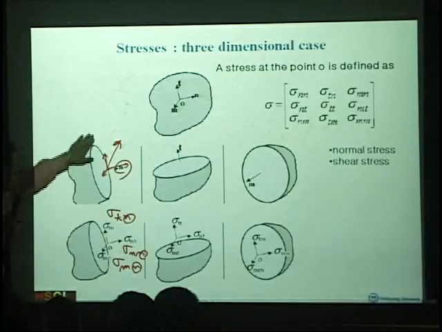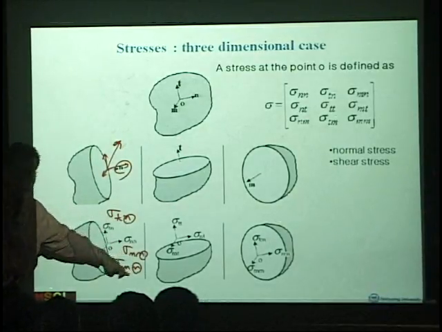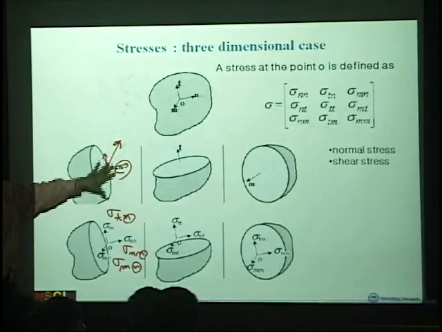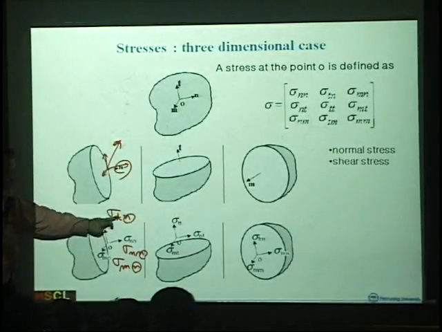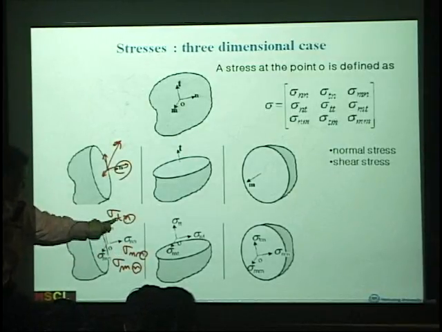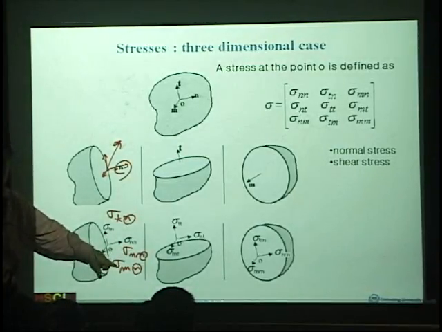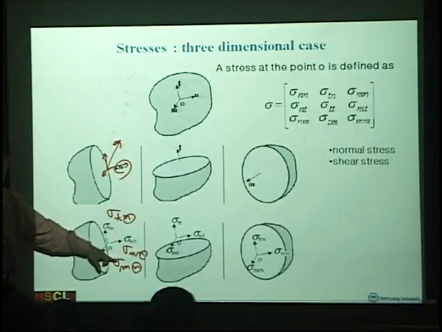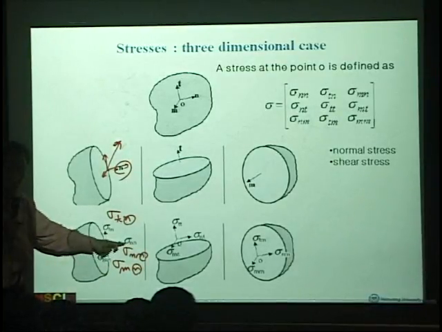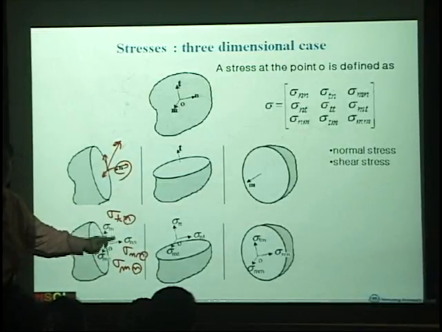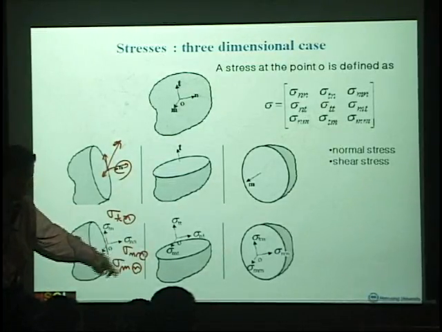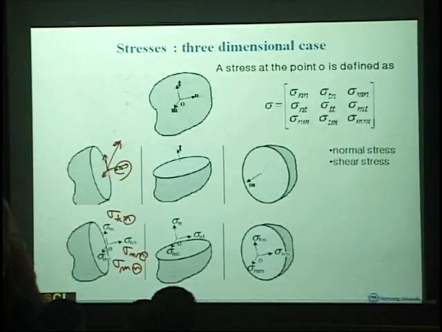It means these cross sections. And the first index, what does it mean? T and N and M. This first index means the direction of force, right? Direction of force. N and M and T.